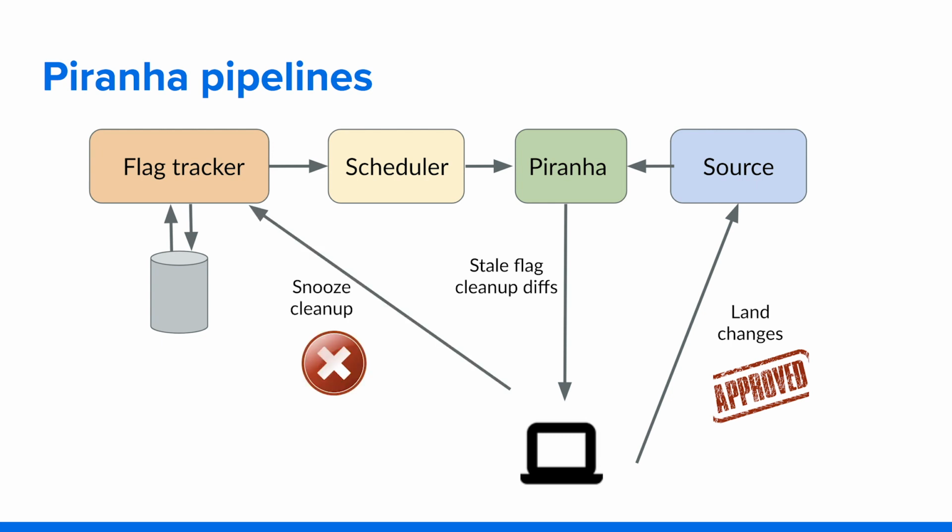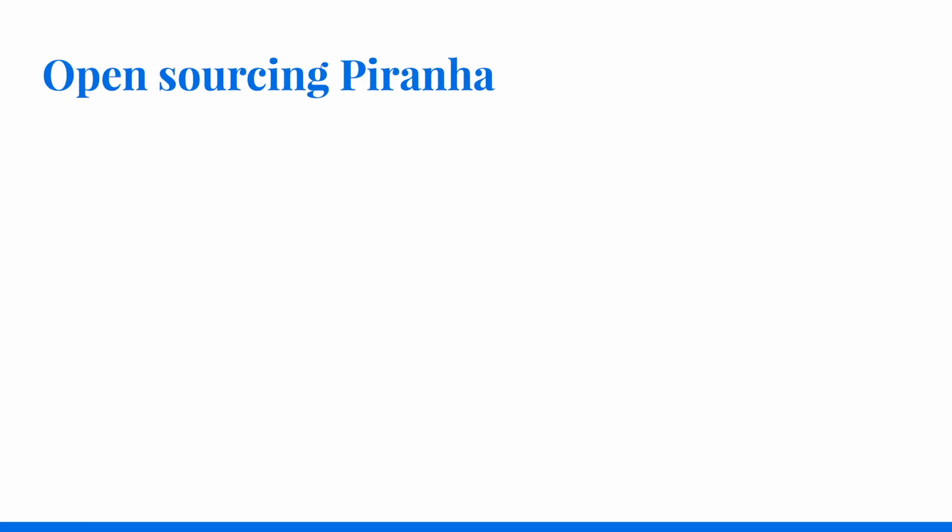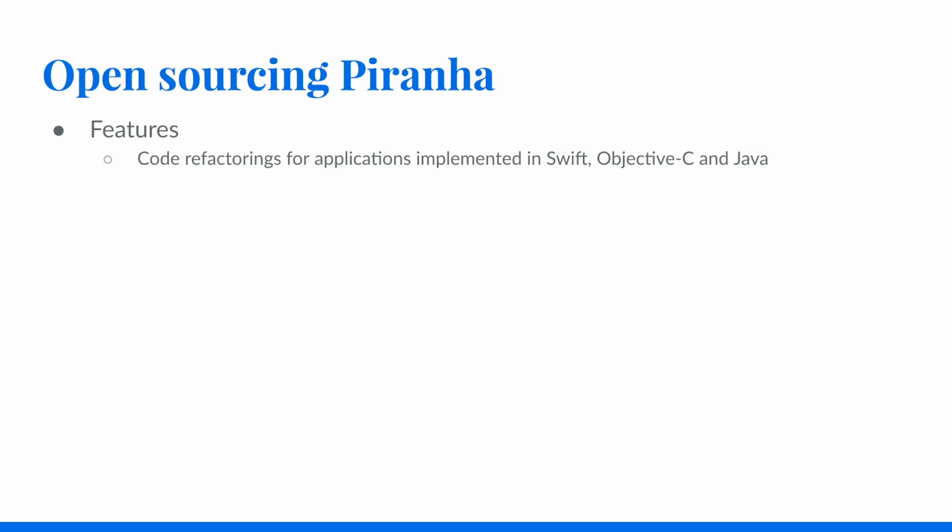If the flag is not yet stale, the diff can be abandoned and the flag is snoozed in the flag tracker for a later date when the flag will become stale. At Uber, we have applied Piranha to clean up stale flags across multiple mobile apps for the Android and iOS platforms.